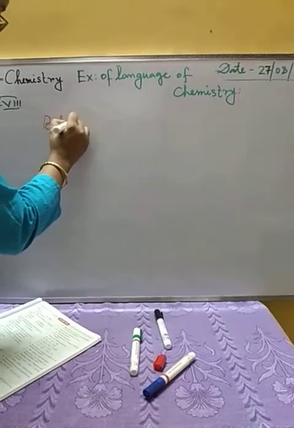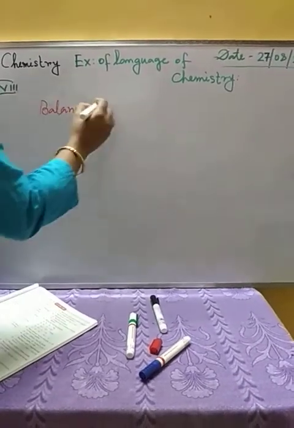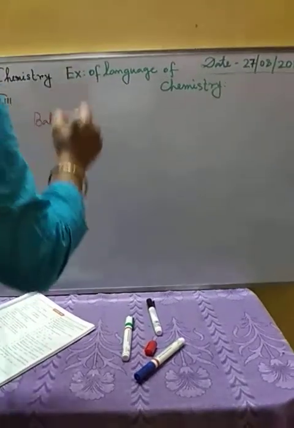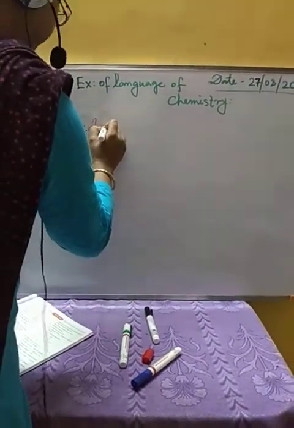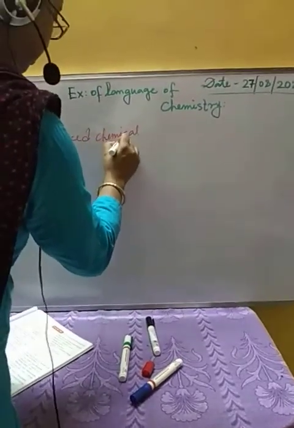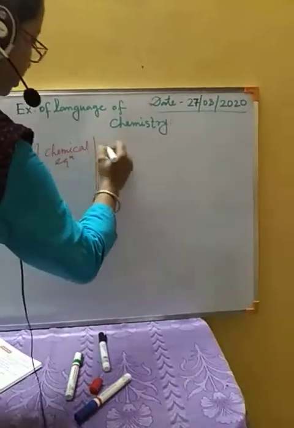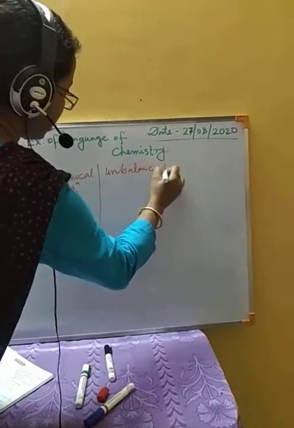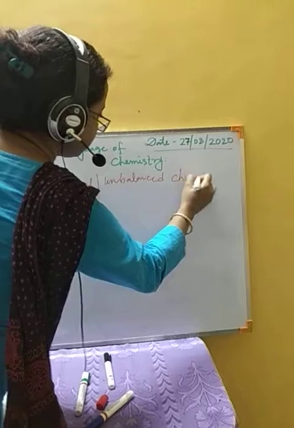Suppose balanced chemical equation and another is unbalanced chemical equation.